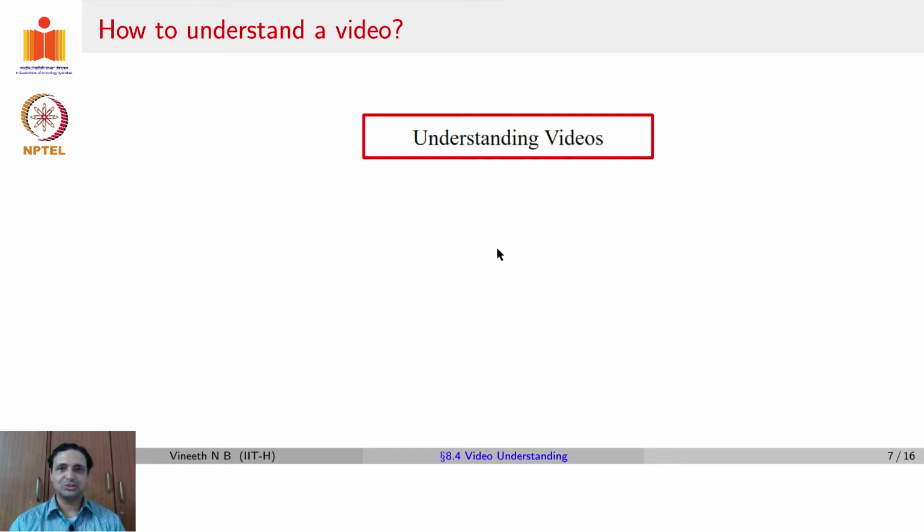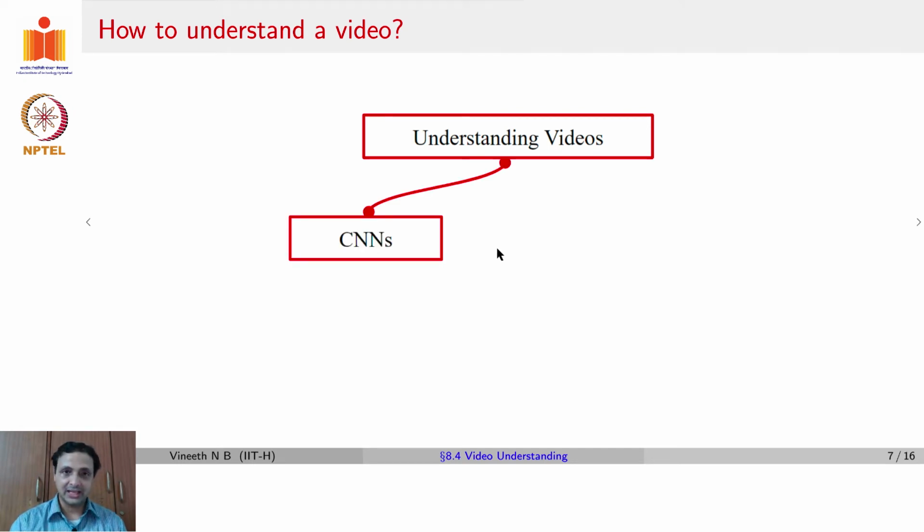Considering the focus of this course is on deep learning, we're going to look at deep learning based approaches to understanding videos. So broadly speaking, one could use only CNNs to understand videos, or use CNNs and RNNs together to understand videos.